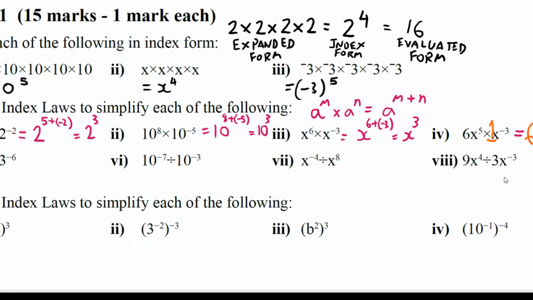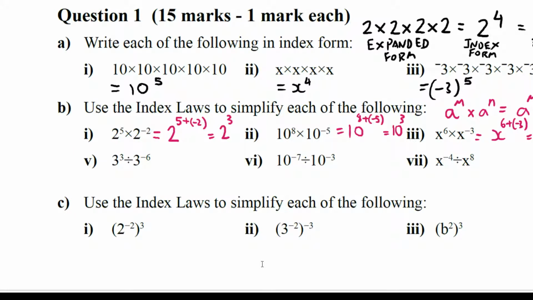We've got x to the 5 times x to the negative 3. So we're going to add the indices. So it's going to be x to the power of 5 plus negative 3, which gives us 6x to the power of 5 take 3, which is 2, 6x squared there. Okay, back over here.